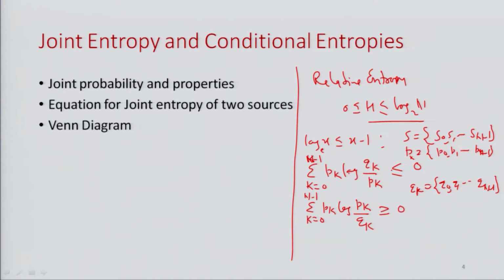Here we are calculating the entropy of the source S for the probability distribution p k relative to another probability distribution q k, both given for the same source. That is, the entropy of the same source for one probability distribution in relation to another probability distribution. This is nothing but the relative entropy, and it is always positive.